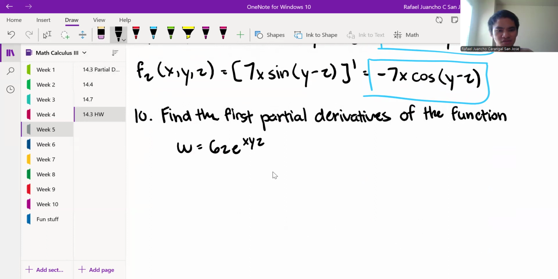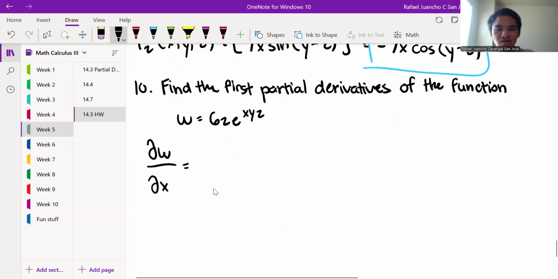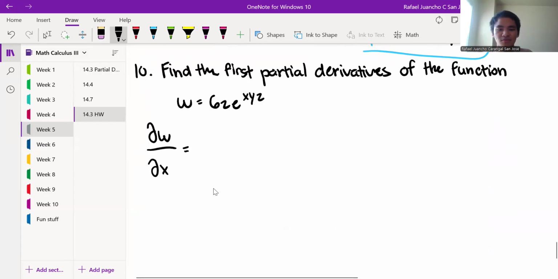Right? And so the first thing we want to find here is my partial with respect to x. So that means I take y and z as numbers. So I take the derivative of this expression here.